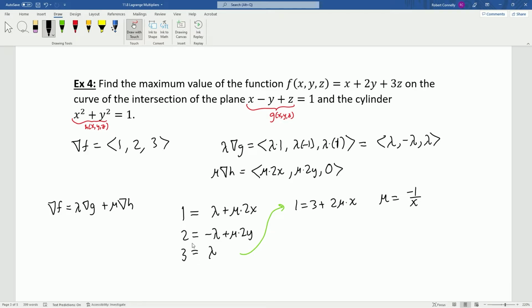Okay, and now we've got 2 equals negative lambda plus mu times 2y. So 2 equals -3 plus mu times 2y. So here if I add 3, I get 5, and I divide by 2y, gives me mu equals 5 over 2y.